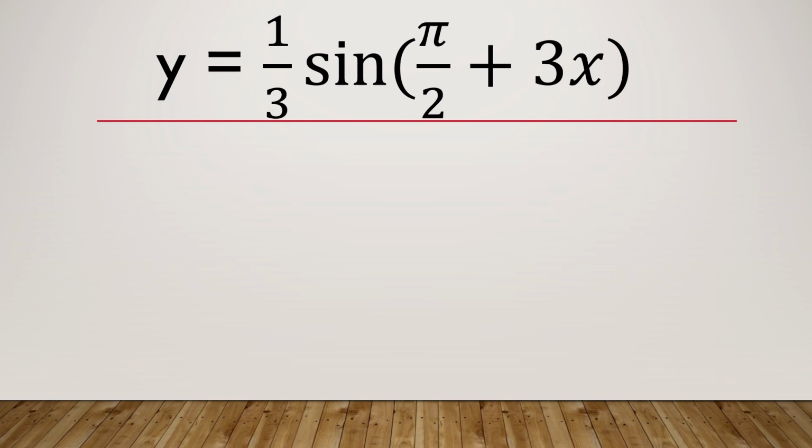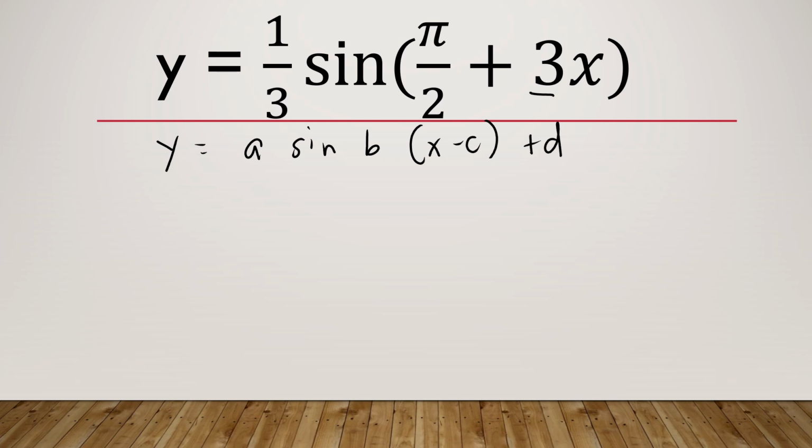Y equals 1/3 sine quantity pi over 2 plus 3x. The first thing that we need to do is transform this into its standard form, which is y equals a sine b quantity x minus c plus d. As you can see, there is a numerical coefficient on x.